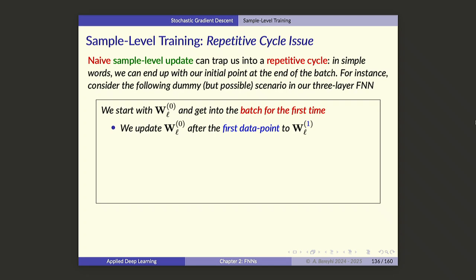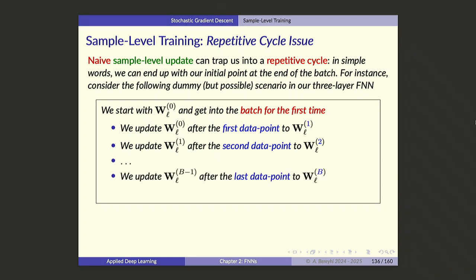You go forward, backward, compute a gradient, and update your weight. Then I go for the next data sample, then I get W2, W3, and so on, till I get to the last one, WB. This is the one I get after updating with the last data point.